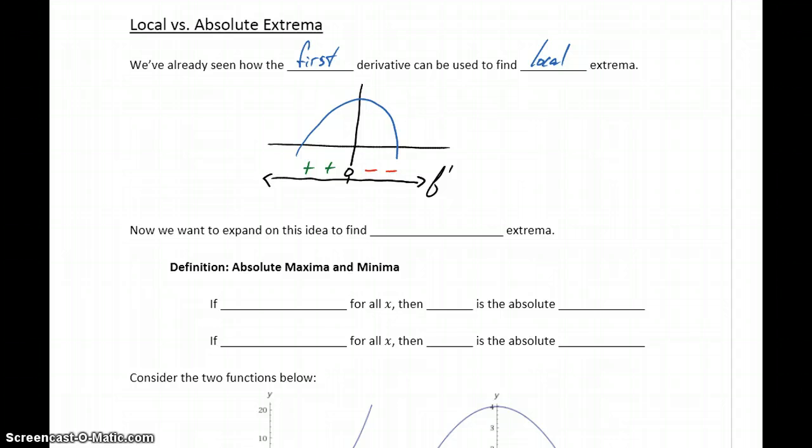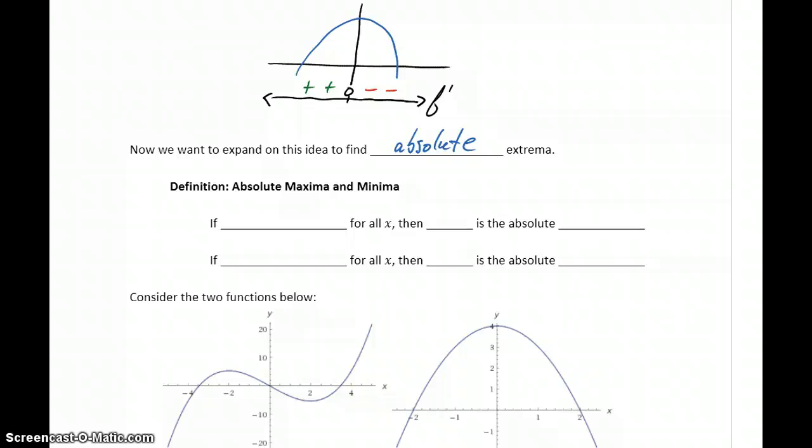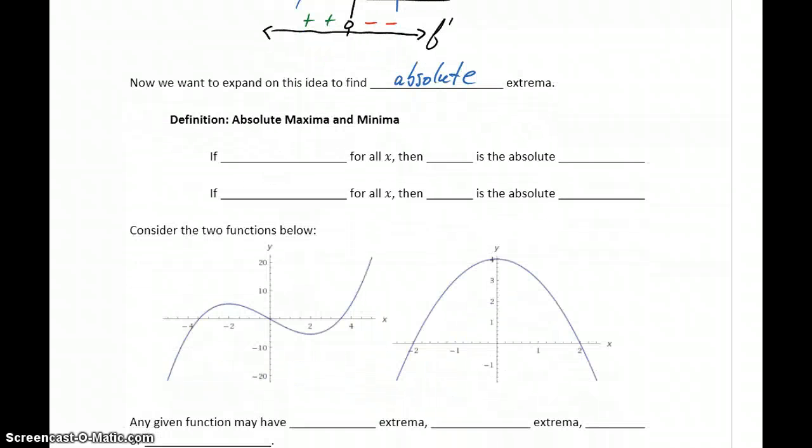So what we want to do is expand on this same kind of idea, but instead of finding a local minimum or a local maximum, we want to find absolute maximums or absolute minimums, so absolute extrema. Our definition for an absolute maximum or minimum is that if there's some point f of c, for some x value, x equals c, where our function value is larger than any other value that function ever takes on, then f of c is called the absolute maximum.